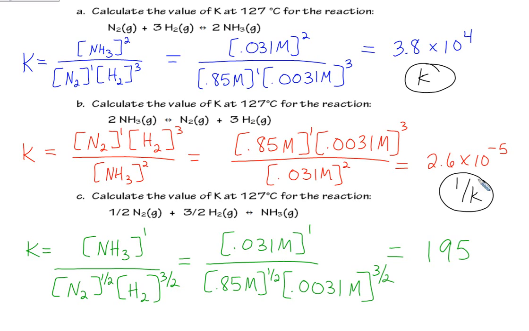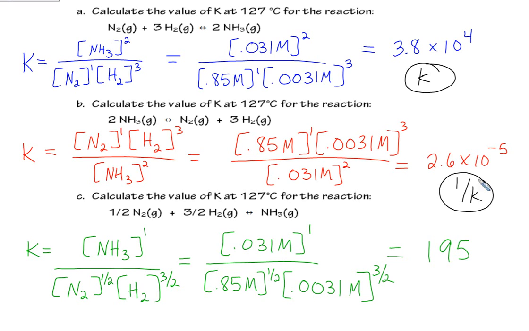If you recognize that if we just invert the equation, we invert the equilibrium expression, we're going to invert the value of K. So obviously they would give you numbers that are manageable, that you could do without a calculator, but you know, maybe they said K is 10. Okay, so then if I do something like B, it would just be 1 over 10. I could do that without a calculator.